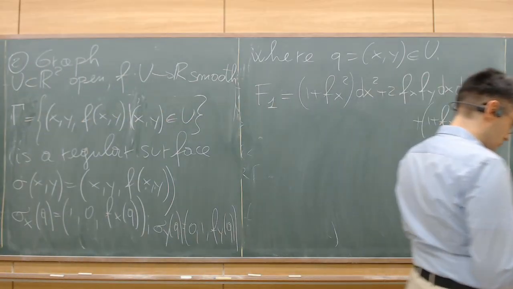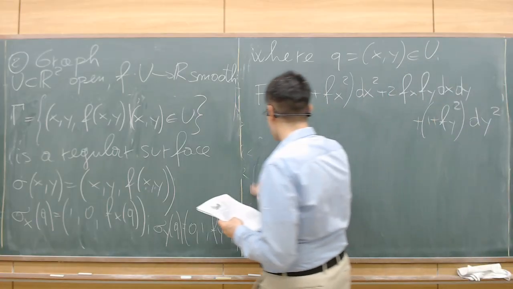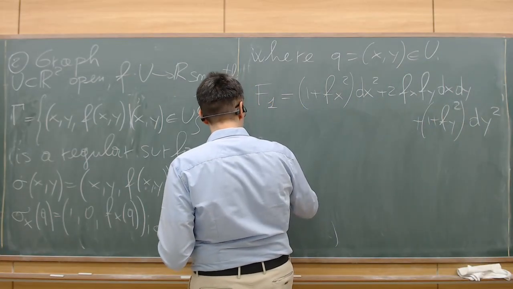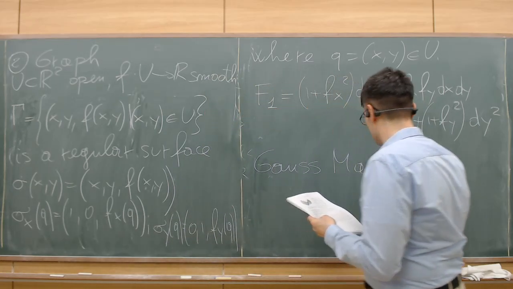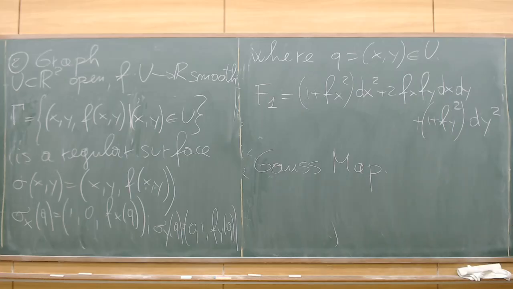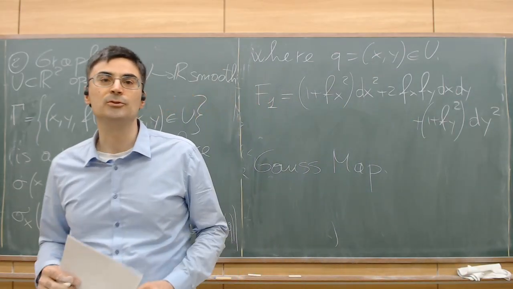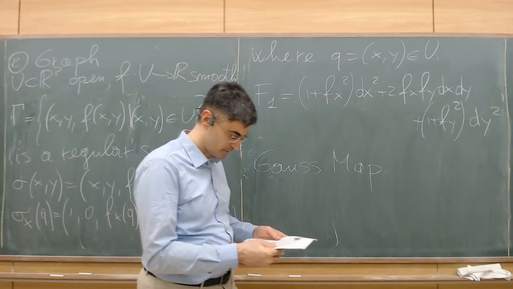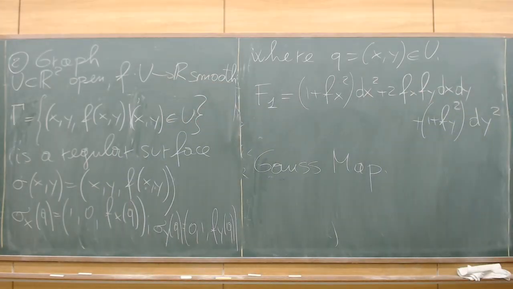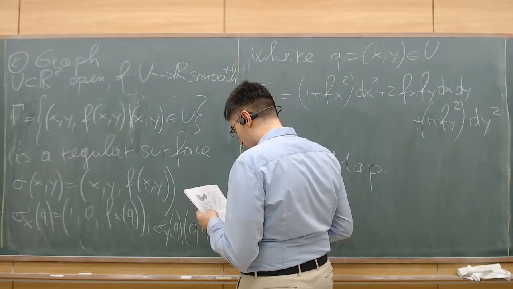Okay, the next topic of today is the Gauss map. Our next goal is to introduce the notion of curvature of a surface. The first tool I need is the Gauss map. How to define this object?